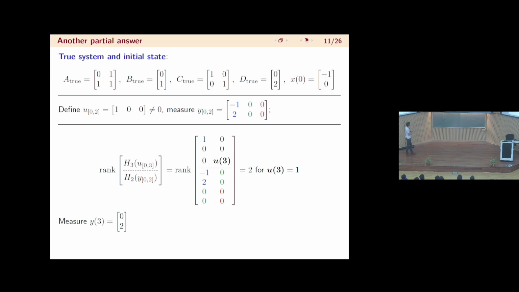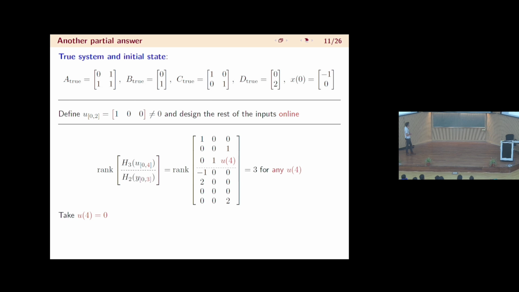Okay, I measure the corresponding output, and then I continue one step further. Now I consider 3 columns in my Hankel matrix. It turns out that here you could choose u4, the fourth input, arbitrarily. For any choice of u4, you will increase the rank of the Hankel matrix.